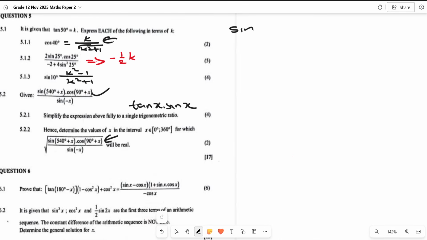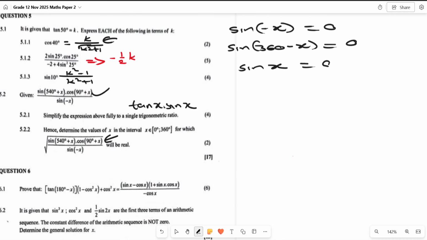So we have sine of minus x equal to 0, and basically we're just solving for x. Sine of 360 minus x equal to 0, therefore sine x is equal to 0. Let's find the angle. x is equal to sine inverse of 0. Shift sine 0, and we are getting our answer as 0. Isn't that concerning?